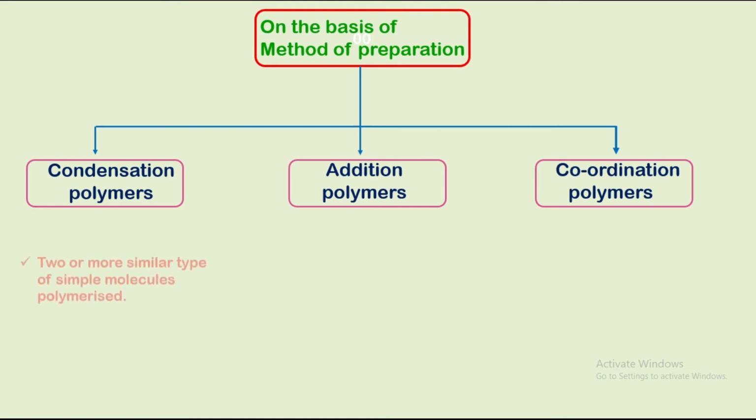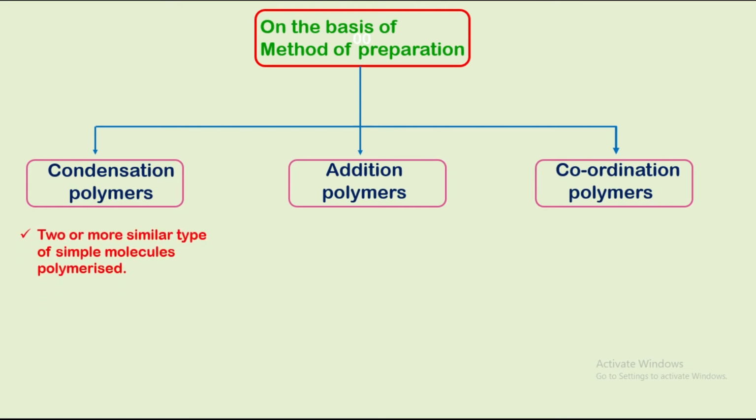In the case of condensation polymers, two or more similar simple molecules are polymerized, in which small molecules such as water, ammonia, hydrogen gas, HCl gas, etc. are eliminated during the condensation polymerization process.